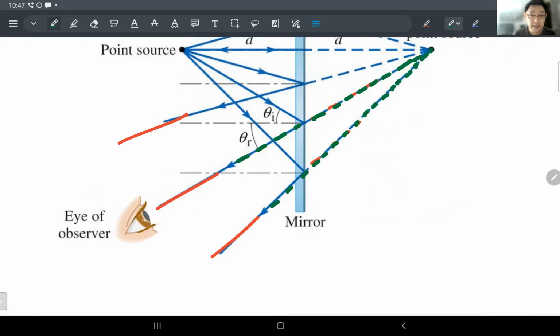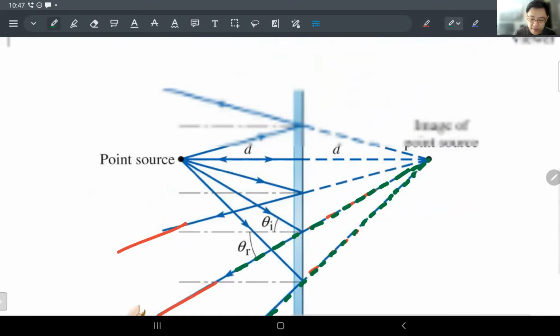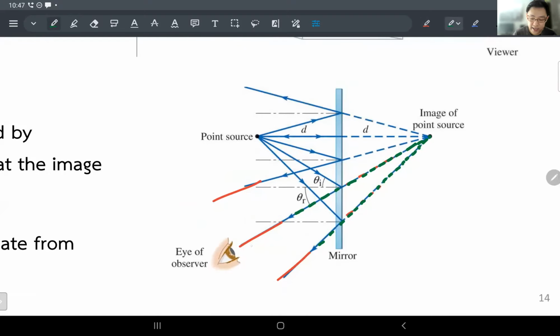Does that make sense? So your eyes will perceive that whatever you're seeing comes from this light source over here. However, this light source is not real because you extrapolate your rays by yourself. So that's why we call this a virtual one.